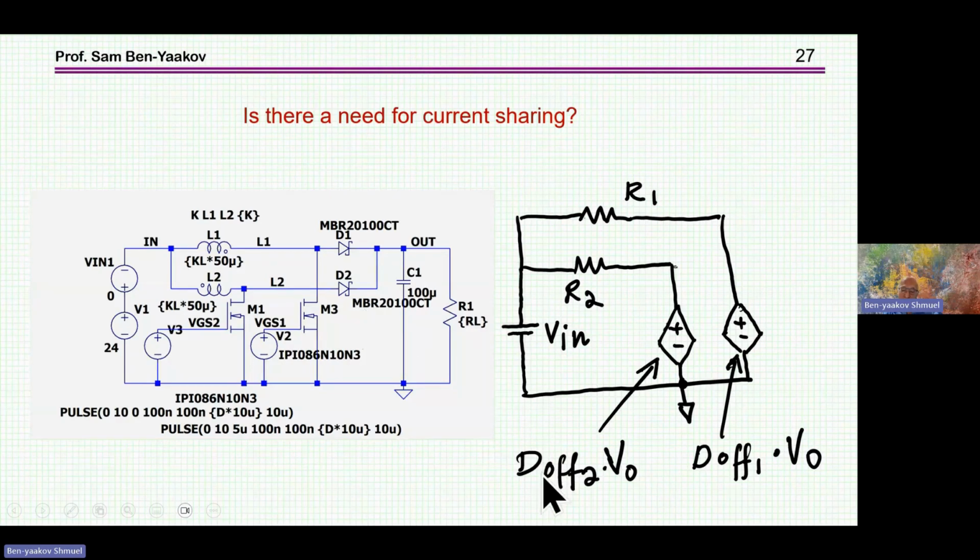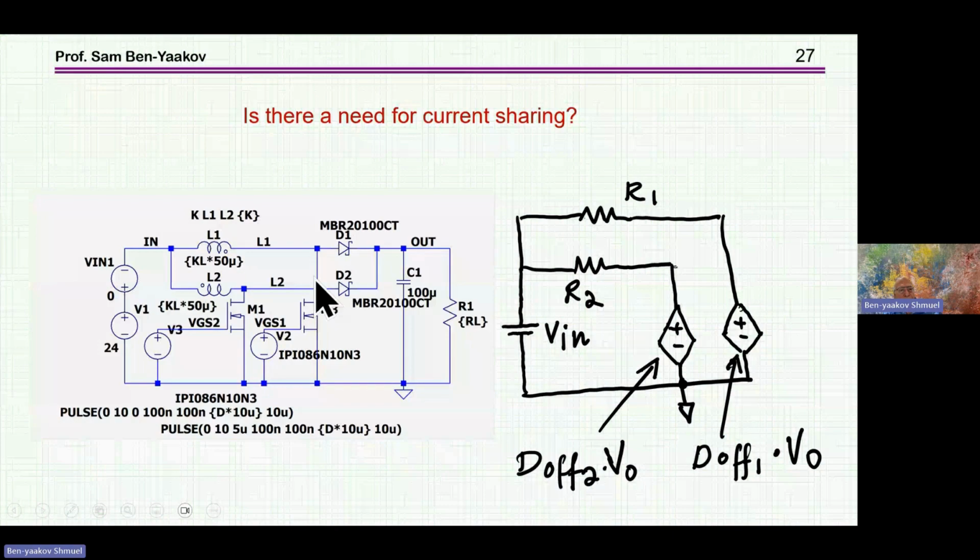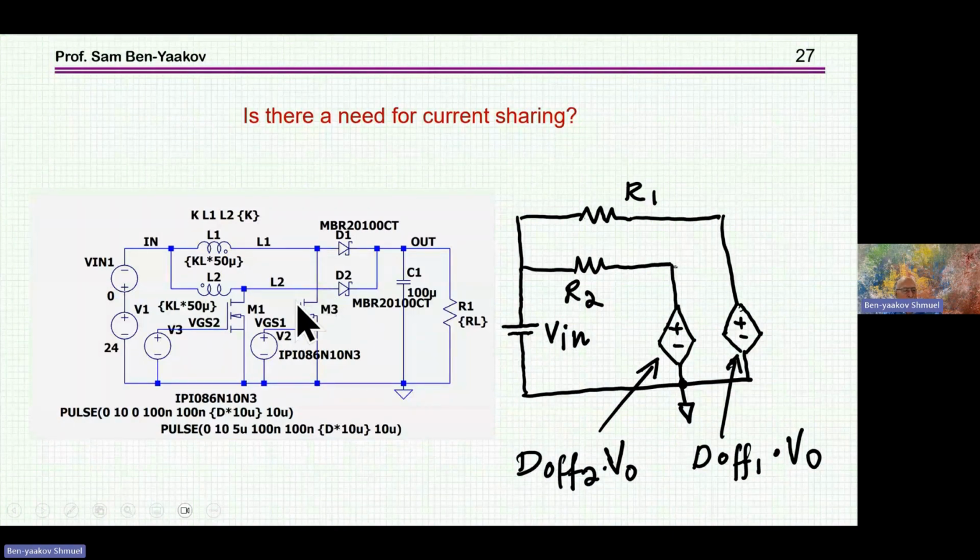So if this is not absolutely balanced, if everything is not the same, like the resistors and the duty cycle, the current will not be the same, the DC current. And so you definitely need current sharing control in this case. If you want the current to be exactly the same, you may tolerate some deviation, and then of course you may skip it, but a good practice is to have a current share control.